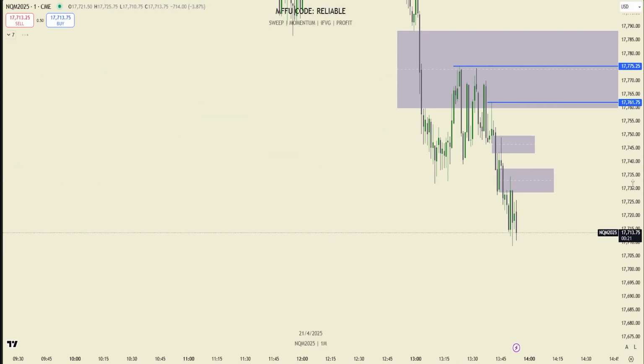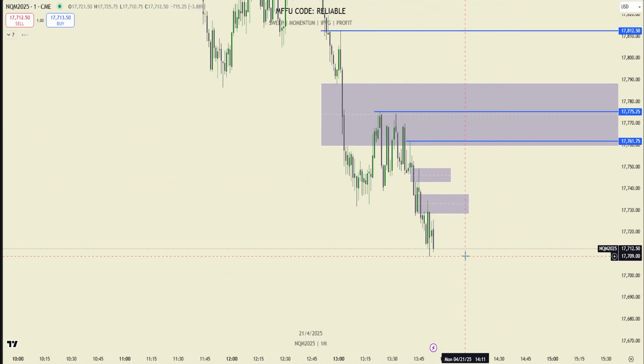But yeah, we're just still respecting bearish PD arrays to the downside, so just anticipating more of that.